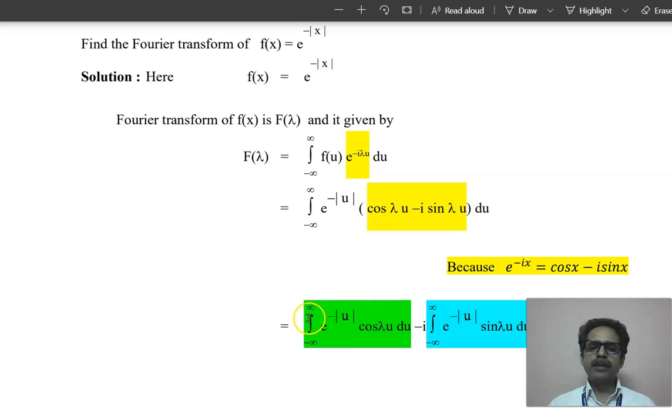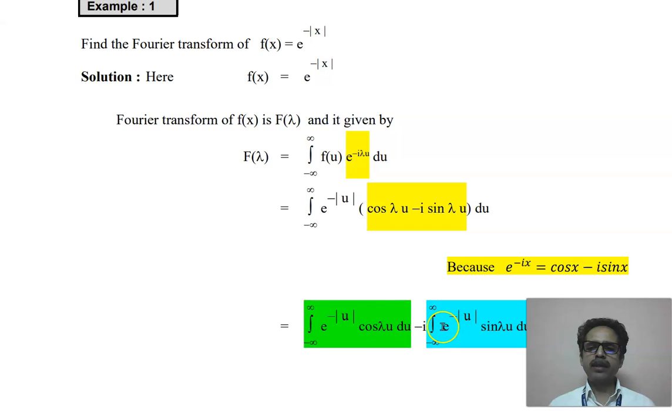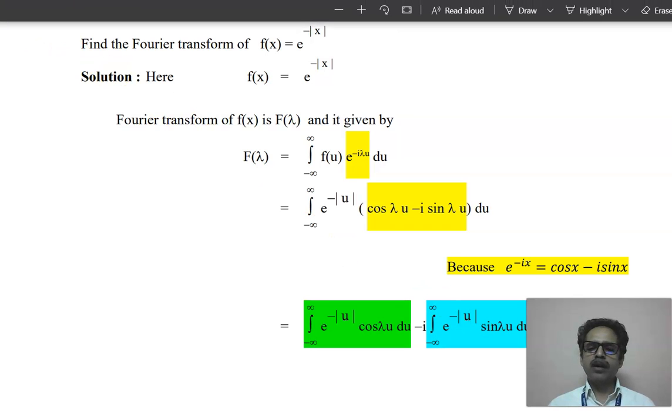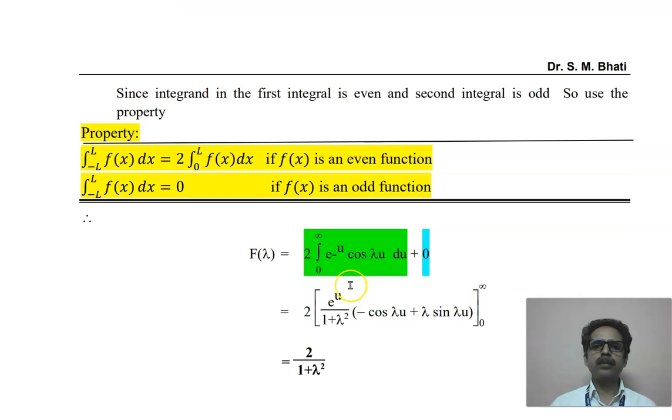Here we observe that in the first term the integrand is an even function, while in the second term the integrand is an odd function. So we have to make use of properties of integrals. Since the integrand in the first integral is even and in the second integral is odd, we have to make use of the following property.